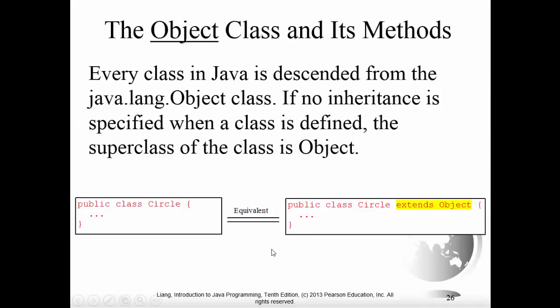Every class in Java is descended from the object class. So if no inheritance is specified when a class is defined, the superclass is the class object. So we are basically implying that when we don't put the extends. And the object class is the class that we're inheriting the toString method from when we're overriding that.